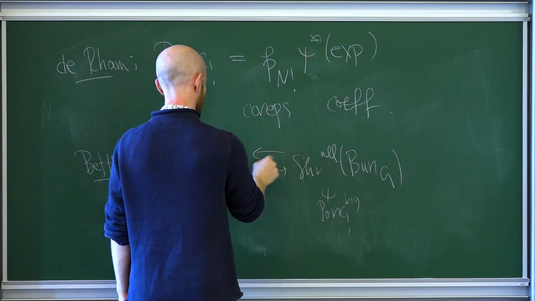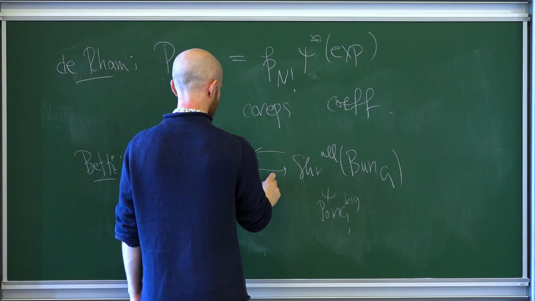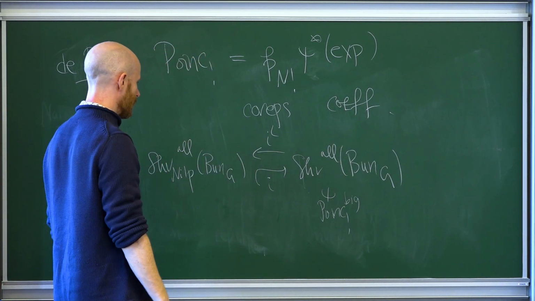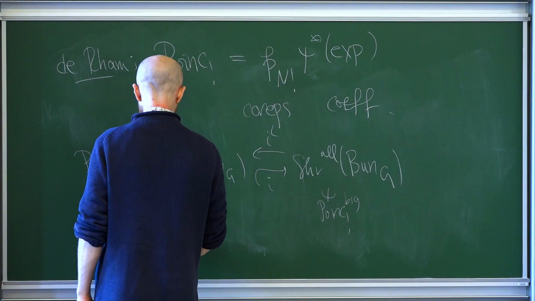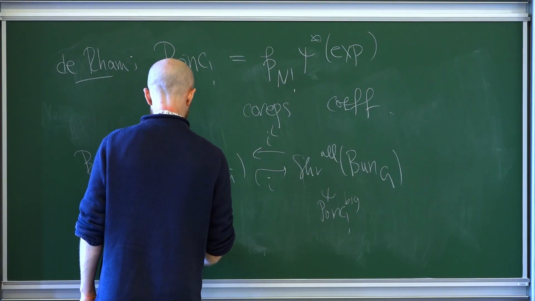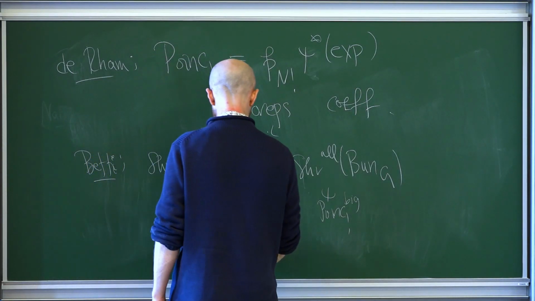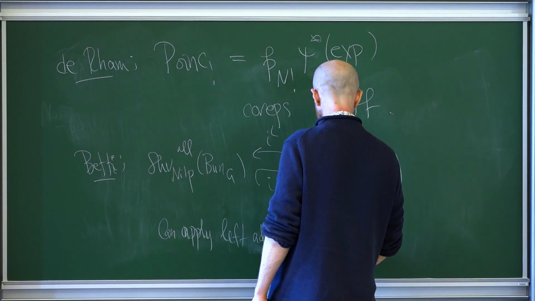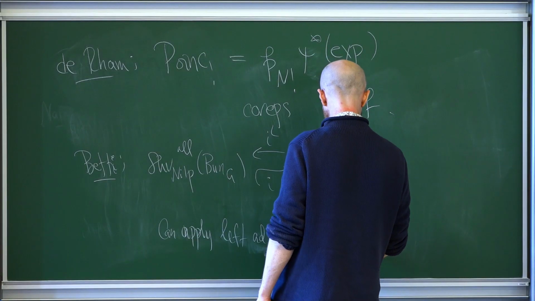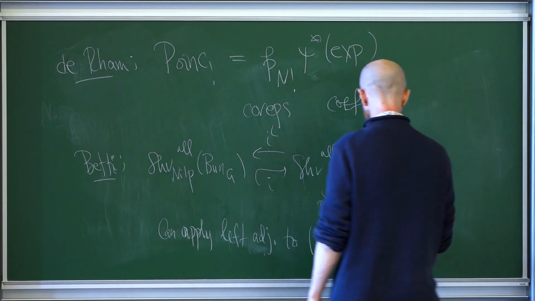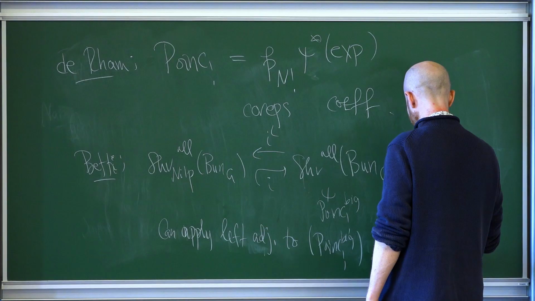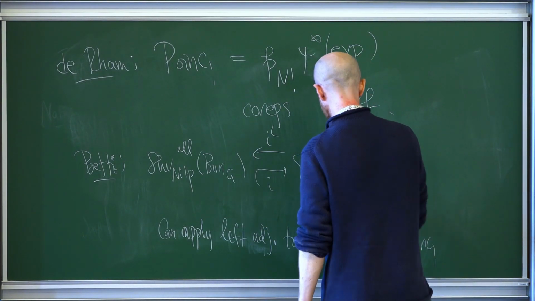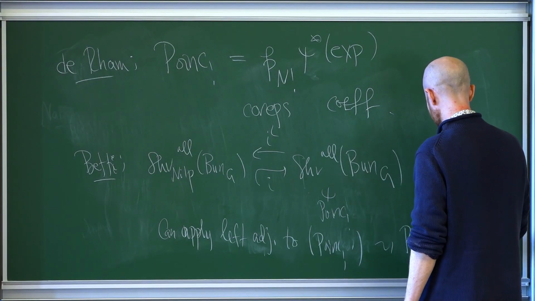And then it turns out that this embedding actually admits a left adjoint. And so I can apply my left adjoint to this Poincaré shriek big, and I'll get an object. Let me not call it big. Let me do this, and then I'll call this nilpotent.